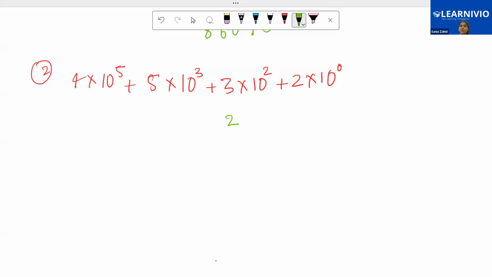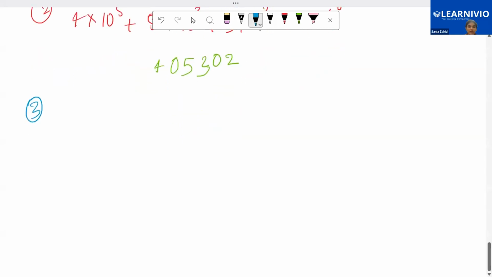You need to see that all the numbers are being written in a consecutive way. Like 0, then there should be 1 before 0, but there is 2. That means you need to put a 0 now. Then you write 3. Now after 3 it should be 3. Yes, it is 3. So you write 5. After 3 it should have been 4, but it's 5, so you put 0. Now you write 4. Understood?